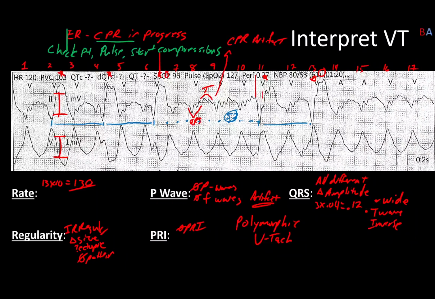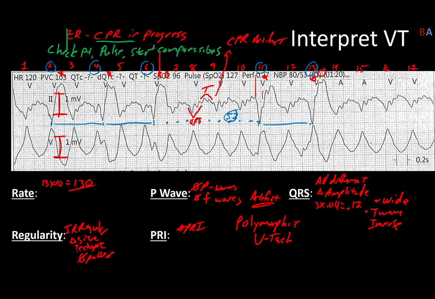In researching how to interpret this strip, I came across something really interesting, the answer to why you see a couple of these beats, beat number 2, 4, 6, 11, and 13, look so different.